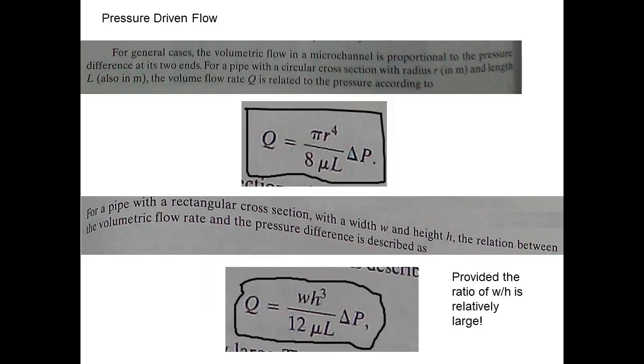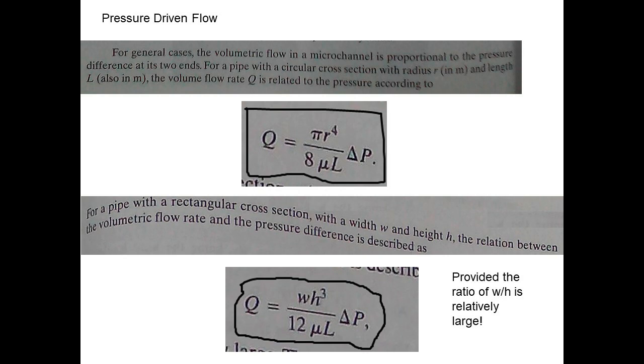Slide 20 shows how to calculate the volume flow rate Q. Q for a pipe with a circular cross section is represented by the first equation, which is pi times r to the power of 4, divided by 8 times eta times L, times the difference of pressure.